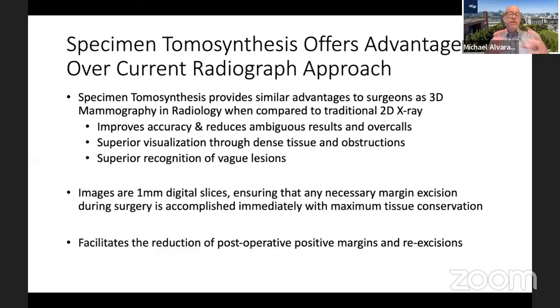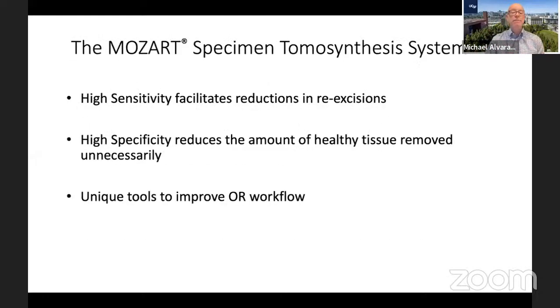Again, it's three-dimensional. It improves accuracy, better visualization through dense tissue. You can identify vague lesions. Images are 1 millimeter digital slices, and it really facilitates and helps with reduction of postoperative positive margins and re-excision. And we've seen that, and there's a lot of data for that.